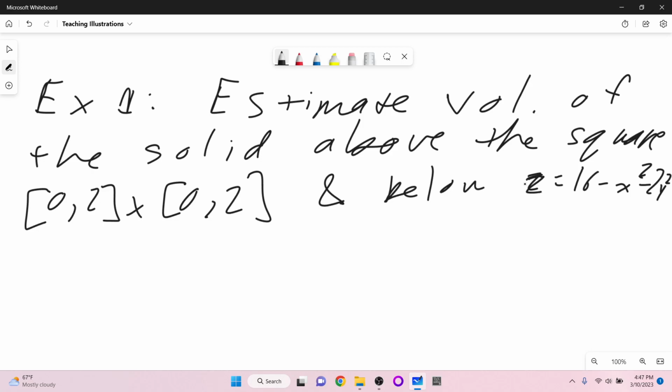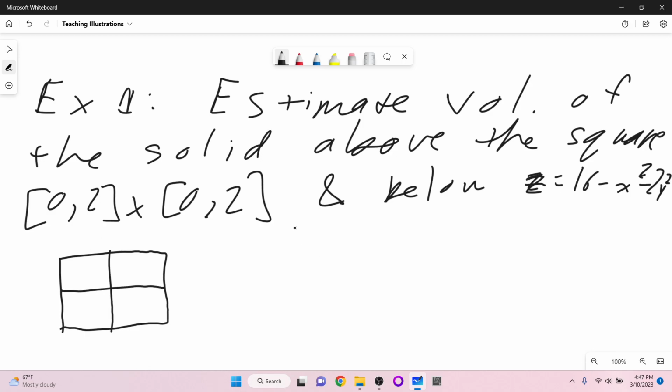Now you could try to draw this thing. I think it would be a paraboloid. But we don't really need to here. I would draw the box, the domain here. This is [0, 2] cross [0, 2].